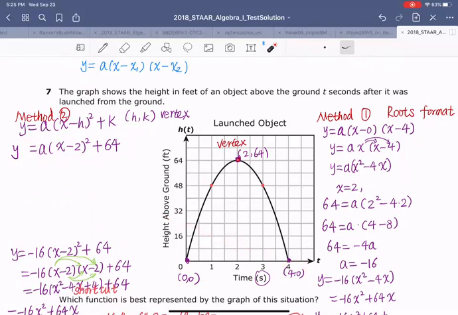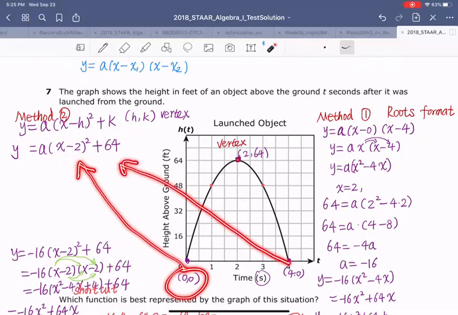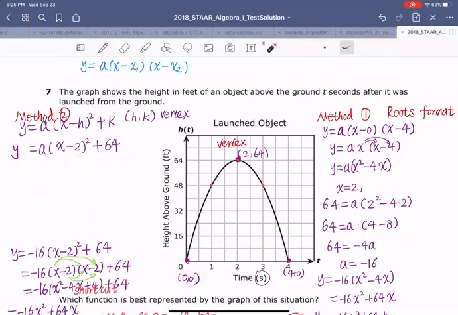Go ahead and tell me your A value. Okay? You see what I mean? You can use any of these 2 points to plug in X and Y and get your A. All right? That makes sense? Okay.